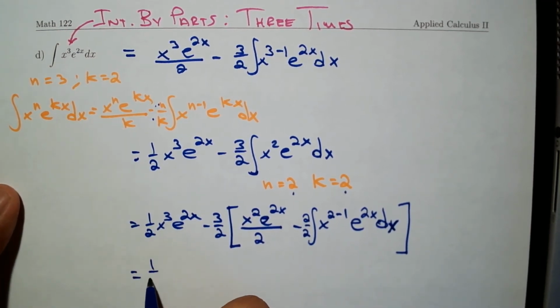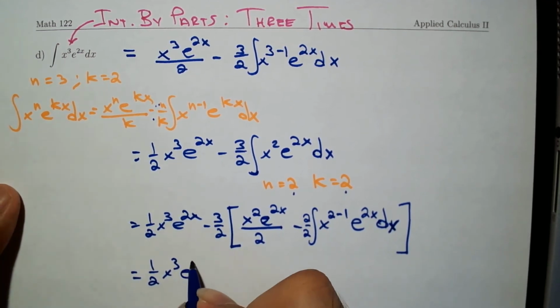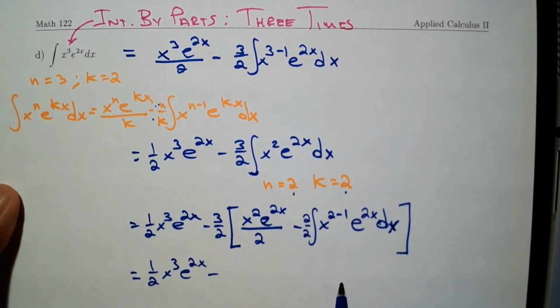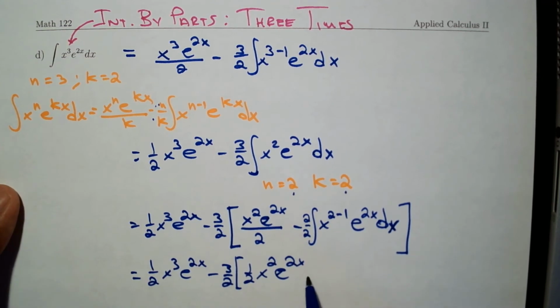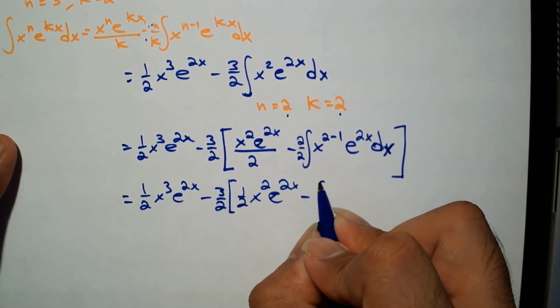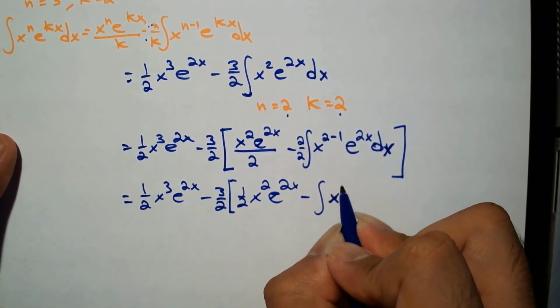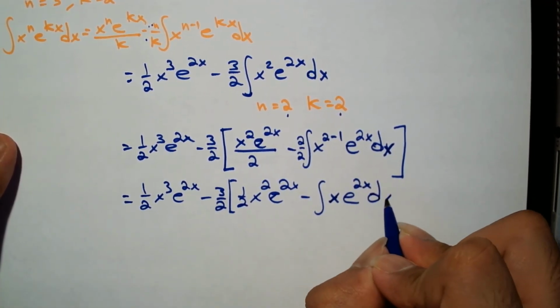So I'm going to have 1/2 x cubed e to the 2x minus 3 halves times 1/2 x squared e to the 2x minus 2 over 2, which reduces to 1, and x to the 2 minus 1, which reduces to x to the first. We don't need to write that one, e to the 2x dx.